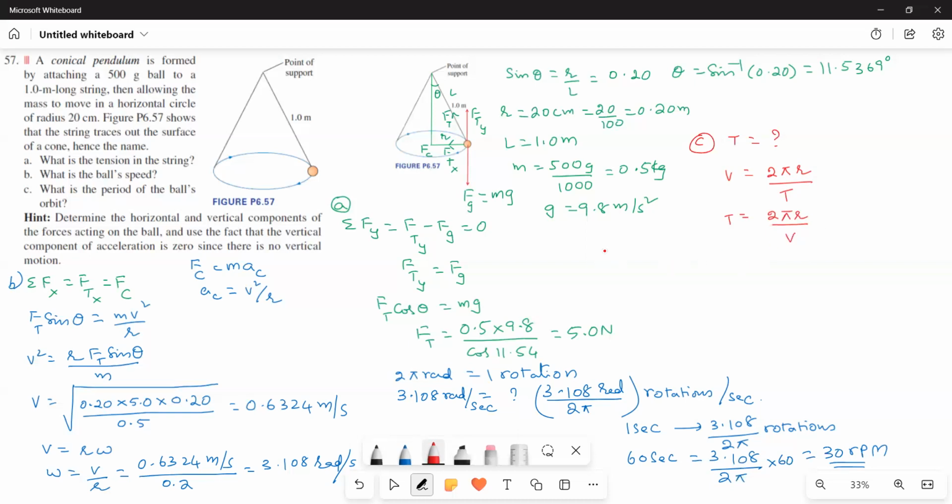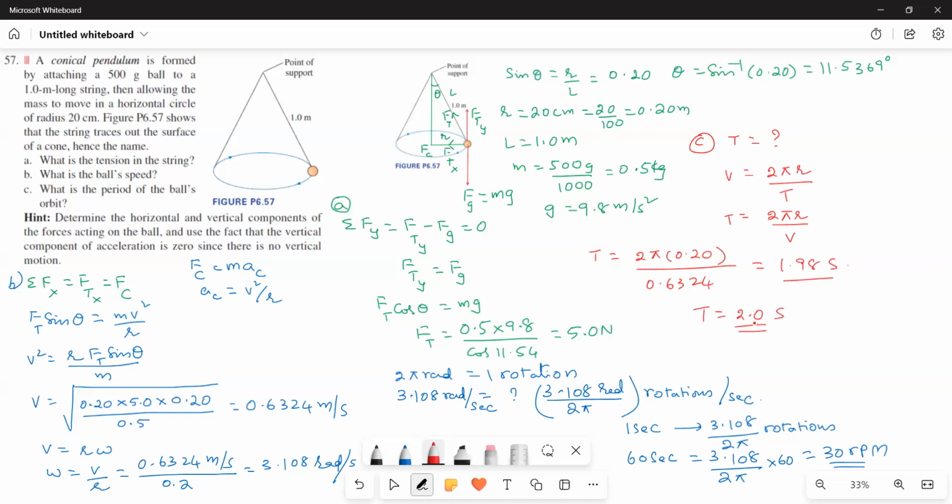Therefore T is equal to 2 pi times 0.2 divided by velocity 0.6324 meters per second. This gives 1.98 seconds, or T is equal to 2 seconds.